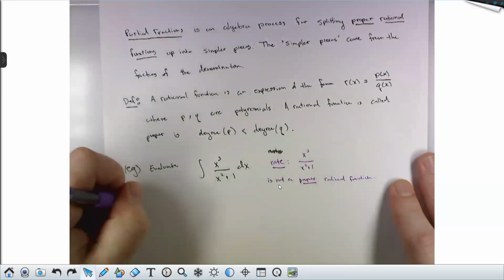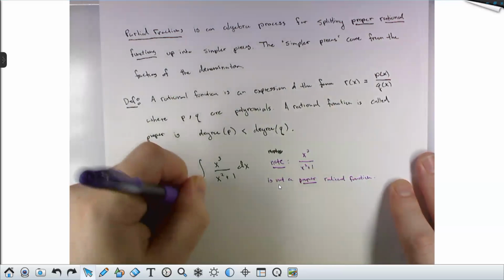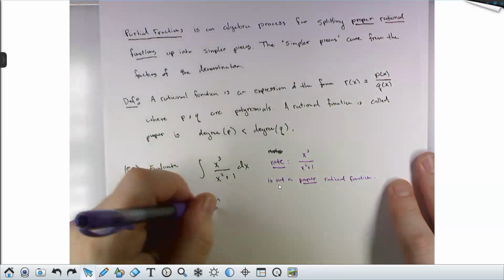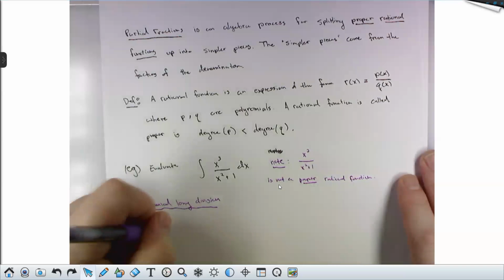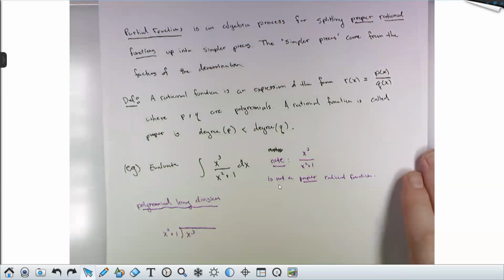So we'll use polynomial long division to clean this up. Here's how you divide x cubed by x squared plus 1. You write your x squared plus 1 over here. You write your x cubed here.